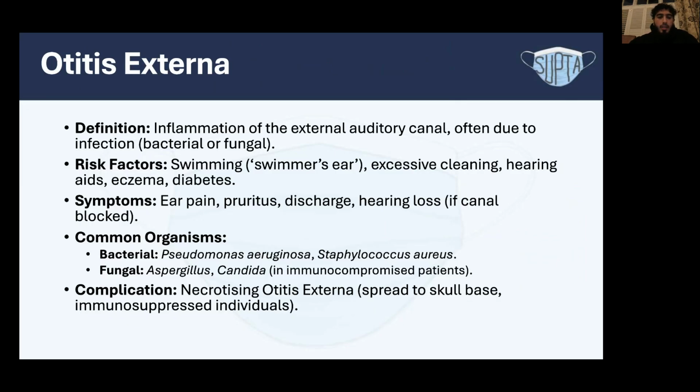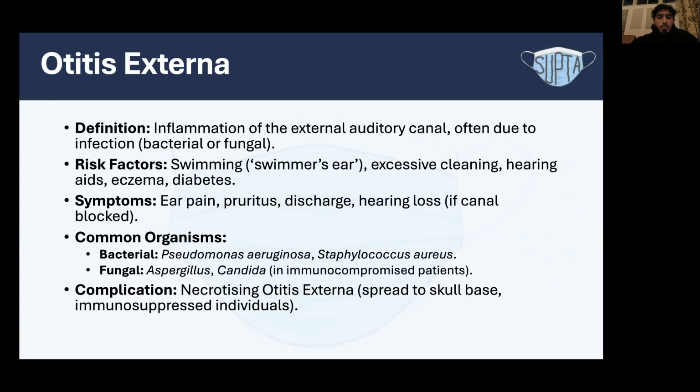What can happen, not necessarily as a complication but more of a natural progression, is this can develop into something that we call necrotizing otitis externa. In other textbooks and places, such as PassMed, it's called malignant otitis externa, but now we call it necrotizing otitis externa.